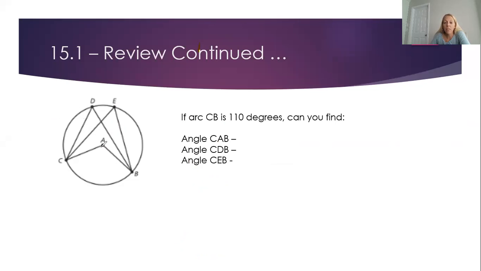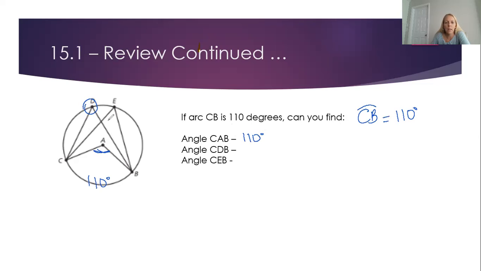We know that A is a central angle, and this would be arc CB. Another way I could write that is arc CB equals 110 degrees. So if this right here is 110 degrees, what is angle CAB right here? Central angle, so it's also 110 degrees. What about angle D?